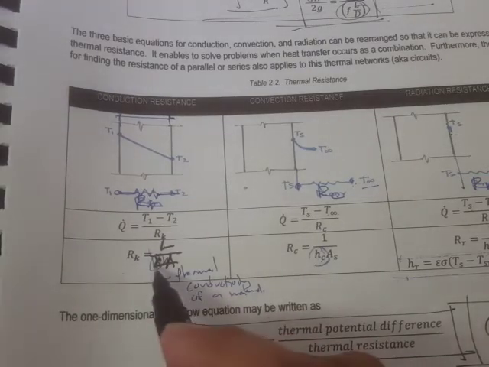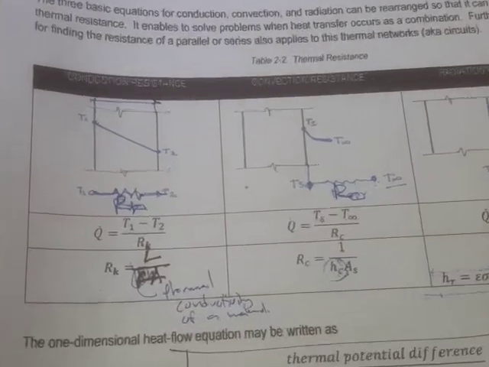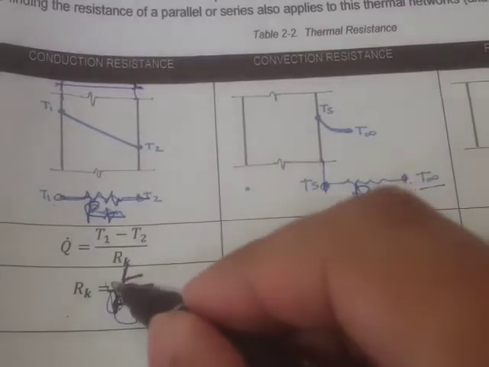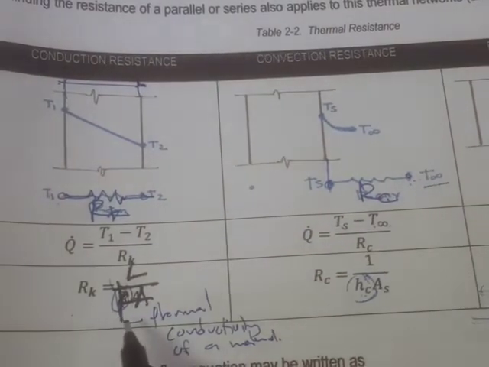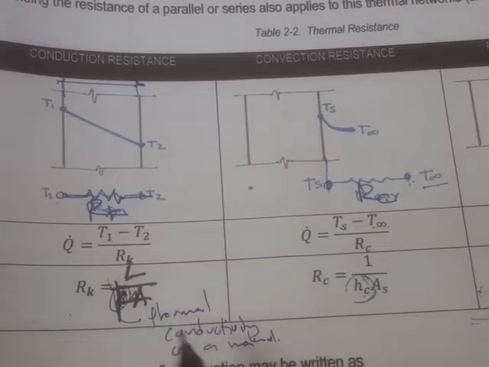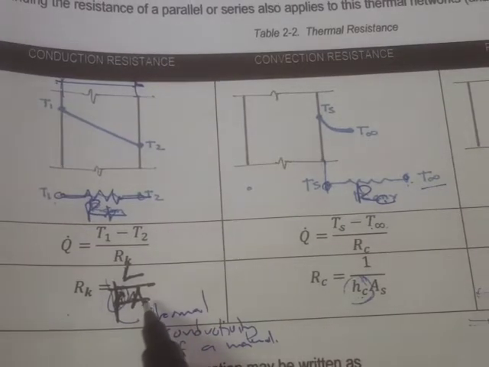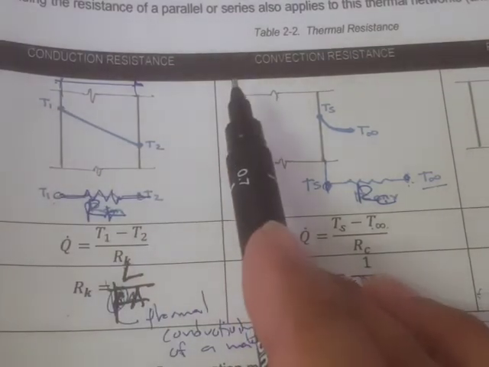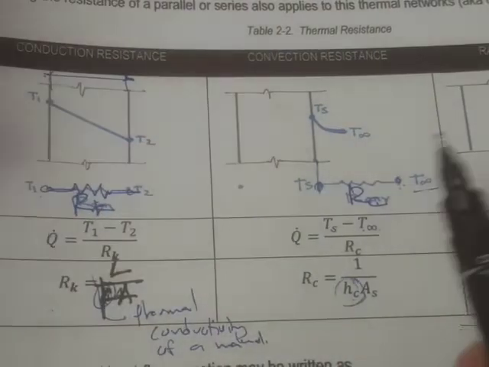K is the thermal conductivity of the material, and A is the surface area, or the area that is perpendicular to the heat flow. The L is the length parallel to the heat flow.